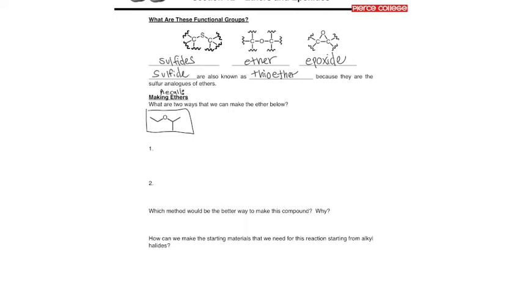And so that means that the carbon-oxygen bond could have been made either as this one or this one. So our goal is to come up with the two starting materials that would do a good job making that ether.